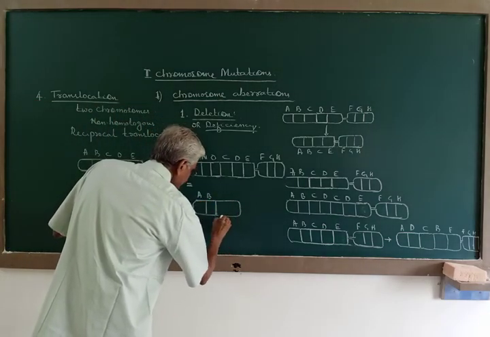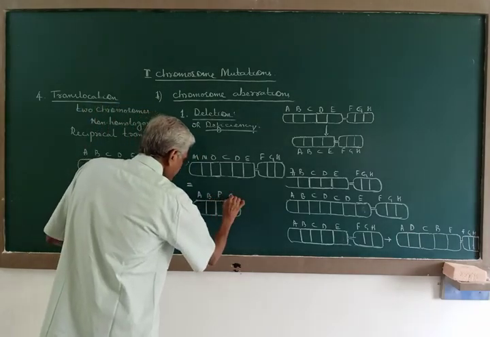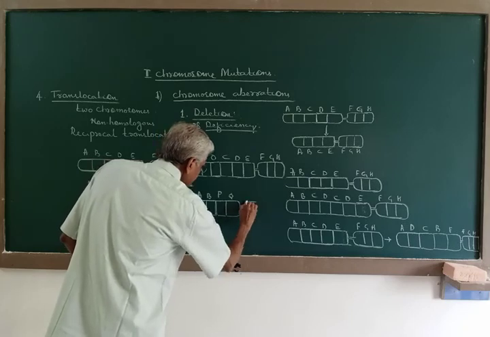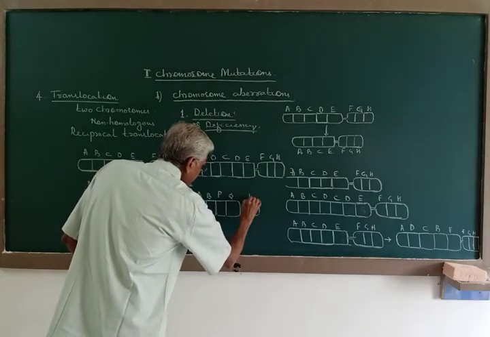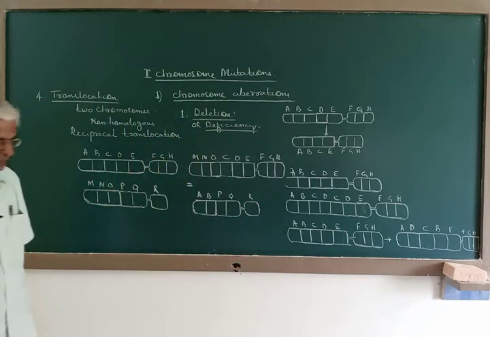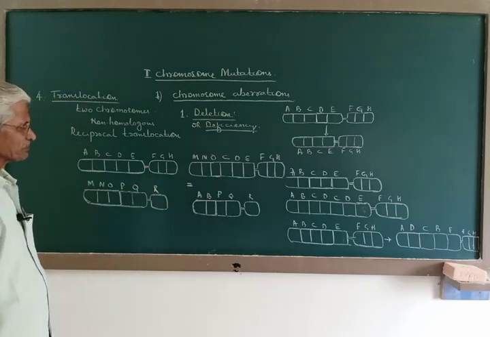Here you have P and Q as it is, and after that you have the other segment, namely R. Now this is one more type of chromosomal aberration, change in the structure of the chromosome.